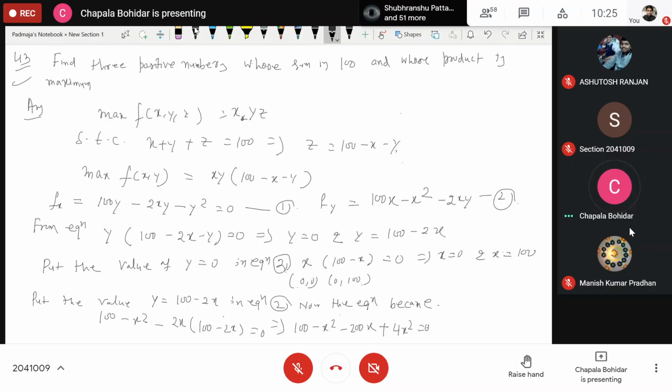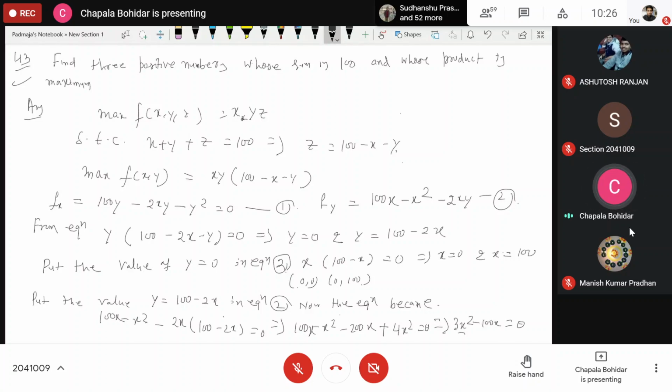Okay. So here this implies 3x square, it is cancelled out. 3x square. Sorry, it is 100x. It is 100x. 3x square minus 100x equal to 0.